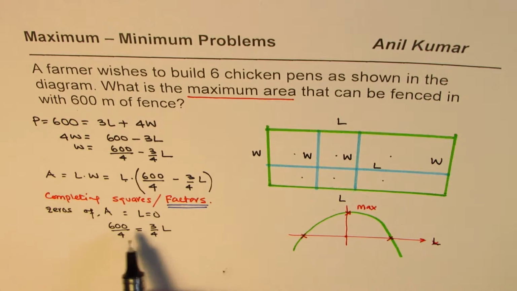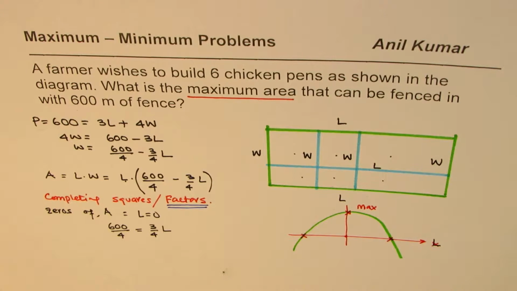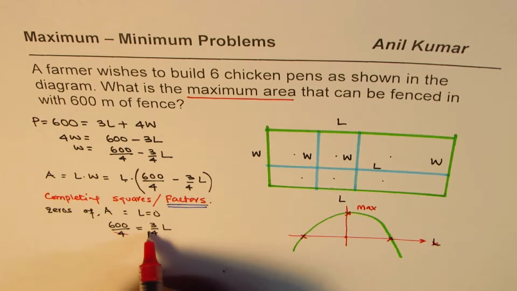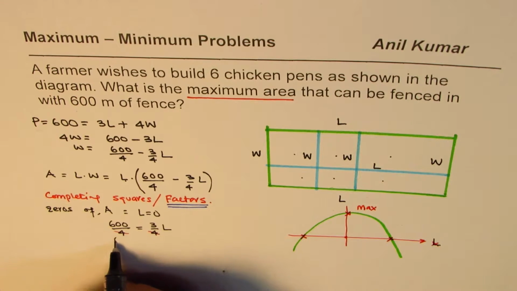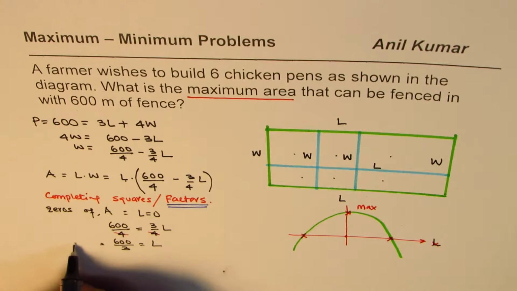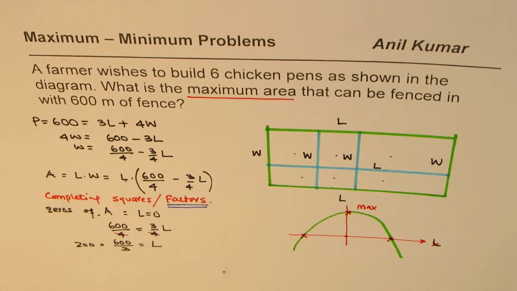So now you'll appreciate why I did not really simplify it. I can easily find the value of L from this equation. 4 and 4 cancel, and I just have to divide 600 by 3, right? So 600 by 3 is my length, which is 200. You get an idea, right?